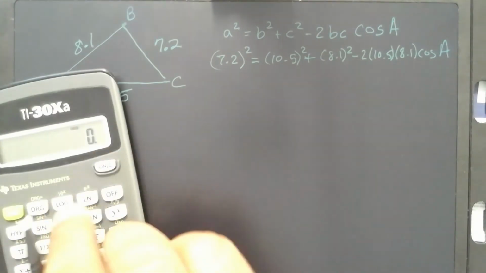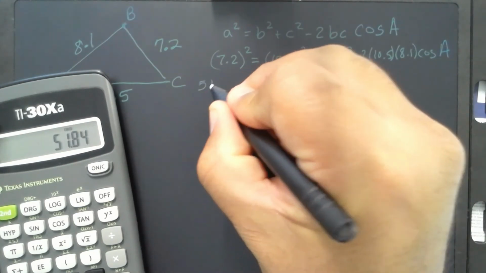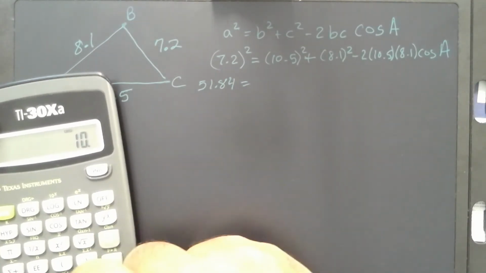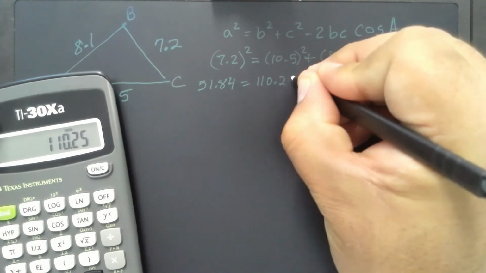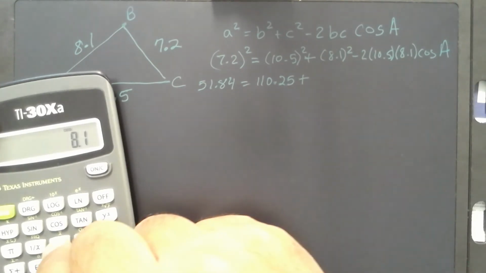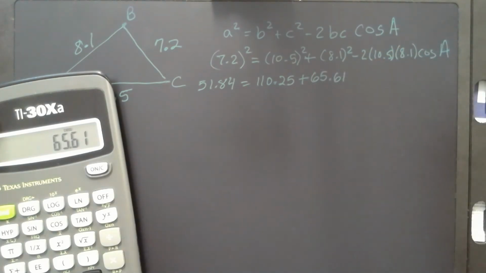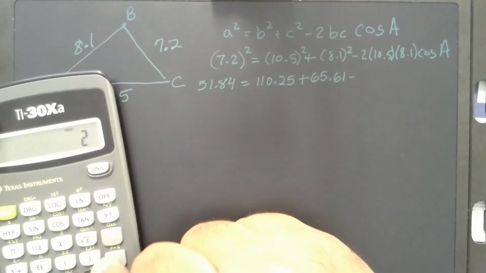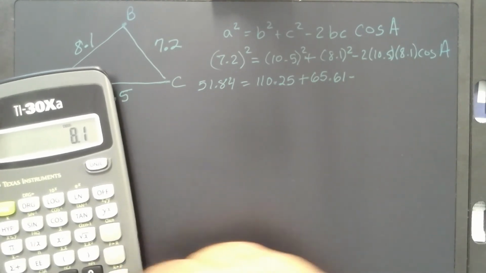So take the calculator. 7.2 squared is 51.84. 10.5 squared is 110.25, plus 8.1 squared is 65.61, minus 2 times 10.5 times 8.1.